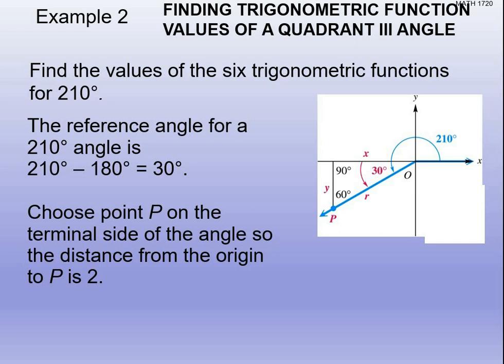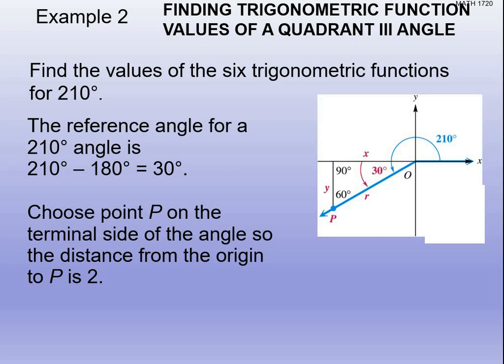How do we know where to place the 1 and the square root of 3? Remember, the smallest values go across from the smallest angle. So we have a choice between a 1 and a square root of 3. Well, we know a square root of 3 is bigger than 1, so the square root of 3 has to go opposite the 60 degrees. So x is going to be square root of 3.